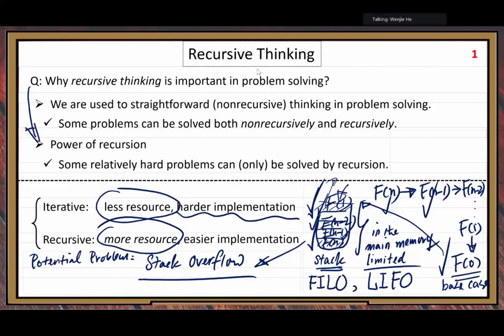Is it possible not to make your stack too deep? Can you use some temporary intermediate computation results to reduce the depth of the stack? Think about it. Some solution to reduce the depth of the stack. All right, so that's some important background information.